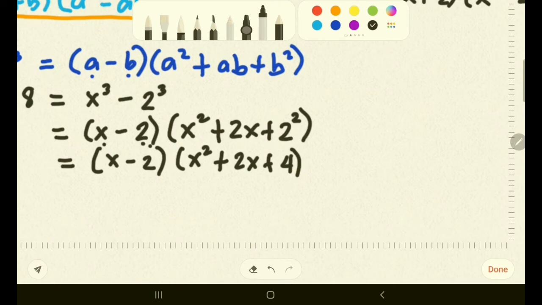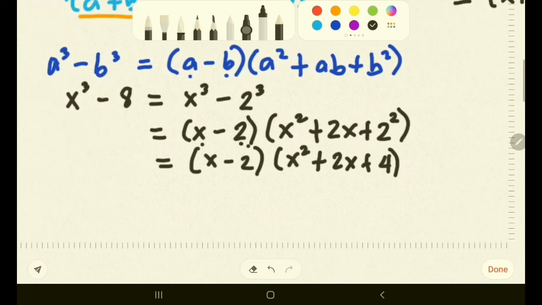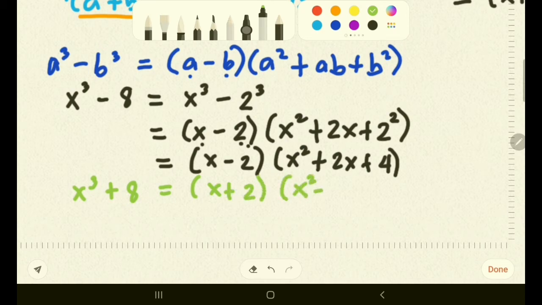Okay. A while ago, let's take the difference. So from the above example, x cubed plus 8, the factors are x plus 2 and then the quantity x squared minus 2x plus 4.